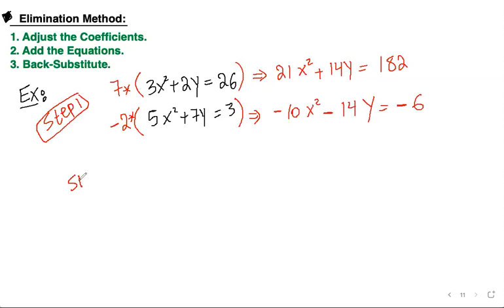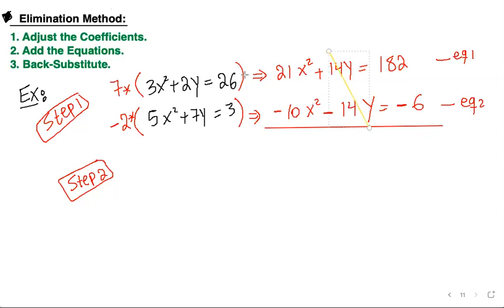Step number 2. For step number 2, I have to add this equation and this equation, equation number 1 and equation number 2. So what is the adding of these two equations? The 14y and -14y will cancel each other. This is the important thing.